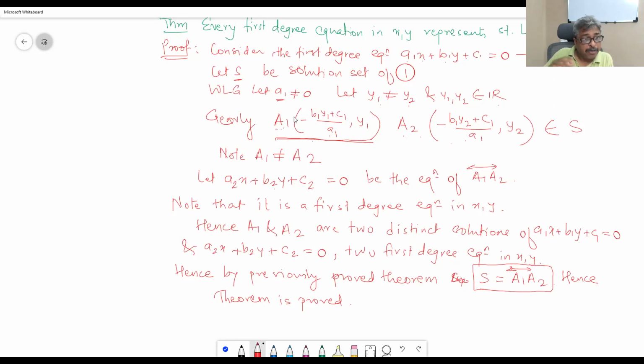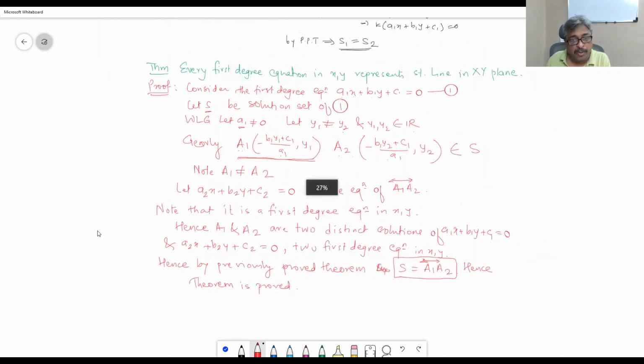It's okay that if you try to find the equation of a straight line, it looks like a first degree equation in x and y. But why is the converse true? So the total discussion and proofs that we have written today prove the converse, and this is the converse: every first degree equation in x and y is a straight line in the XOY plane. That is what this is.